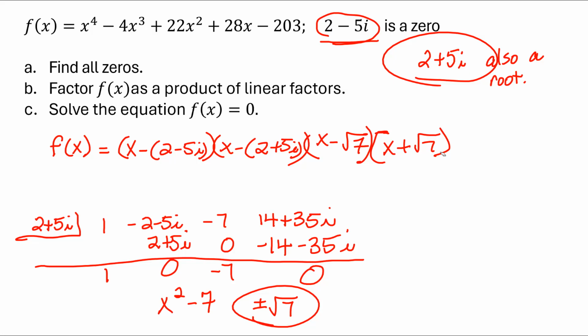So that's the factorization of f of x, and the solutions to the equation f of x equals 0 are the zeros. So they are just 2 plus or minus 5i and plus or minus the square root of 7.